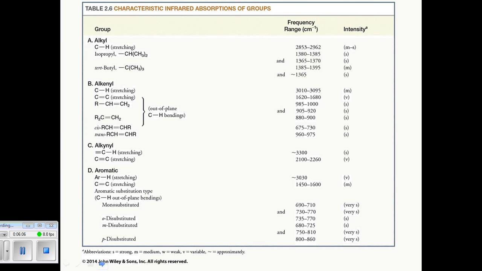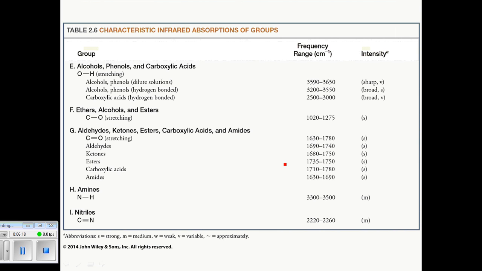And in your RDC you have these different functional groups along with where they typically show up. So for example, C triple bond C usually shows up around between 2100 and 2260, and there's more characteristic absorbances for those functional groups there.